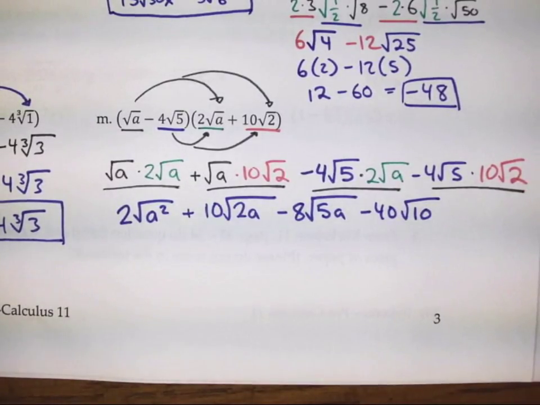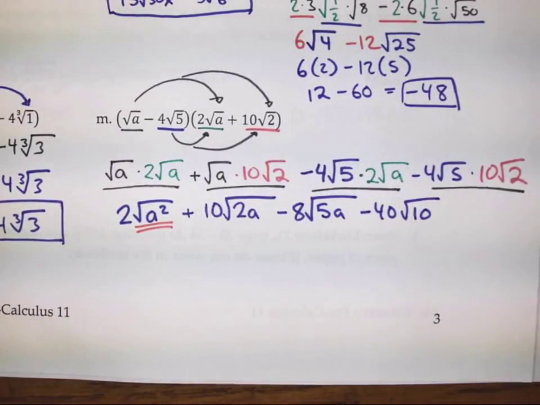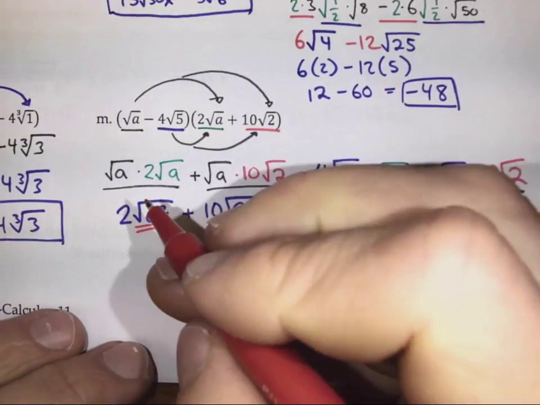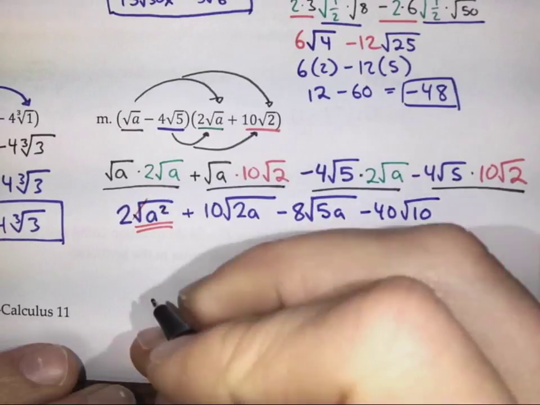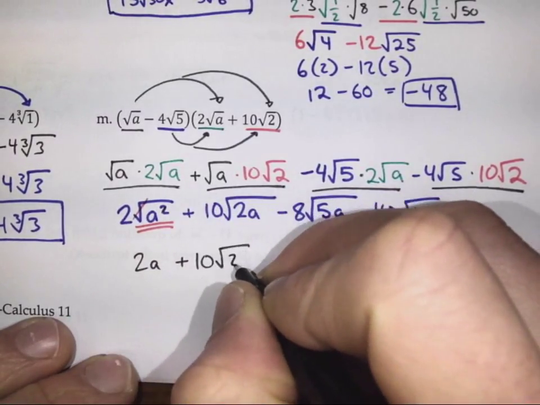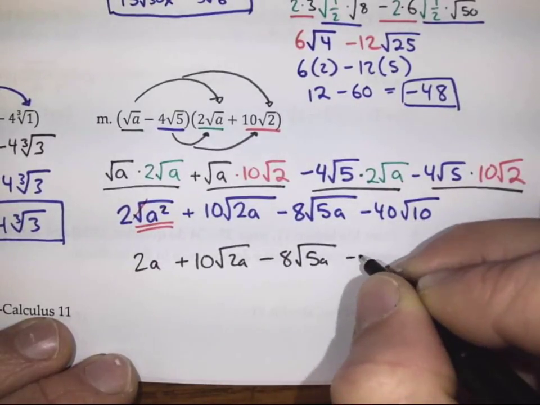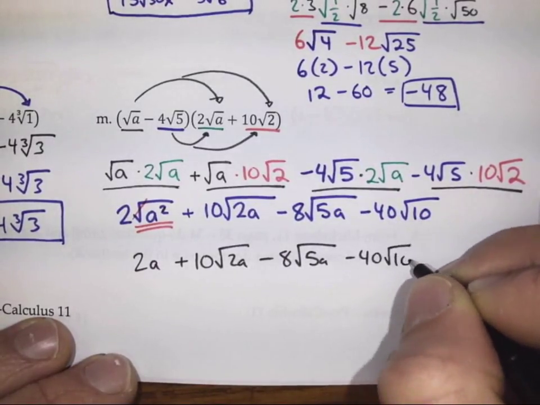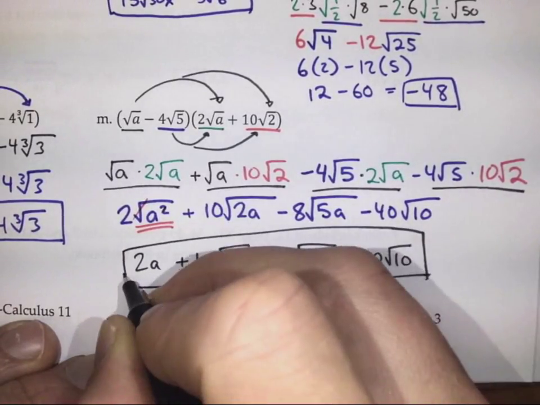And that's pretty much everything that can be resolved, except you did maybe notice that that was a perfect square, square root of a squared. These are inverses of each other, so they cancel out, and really, that just gives you 2a. So overall, we get 2a plus 10 root 2a, take away 8 root 5a, minus 40 root 10. And there is our final answer.